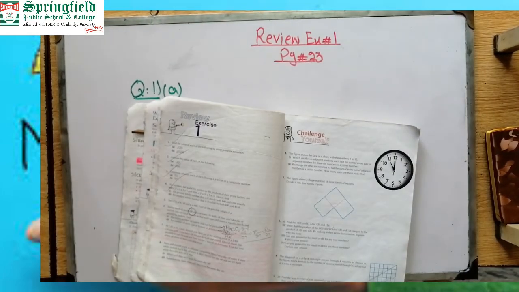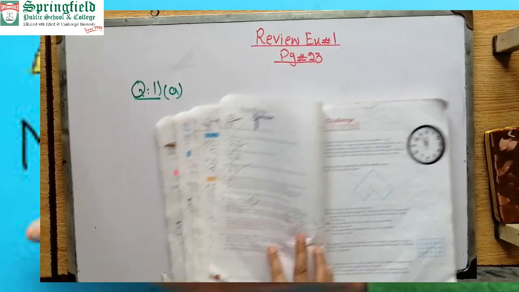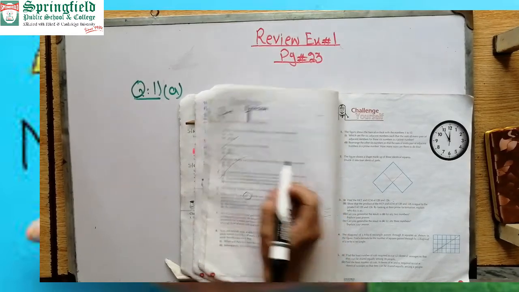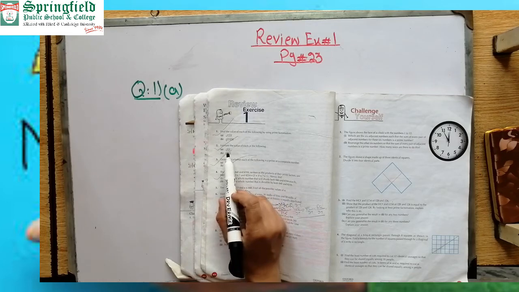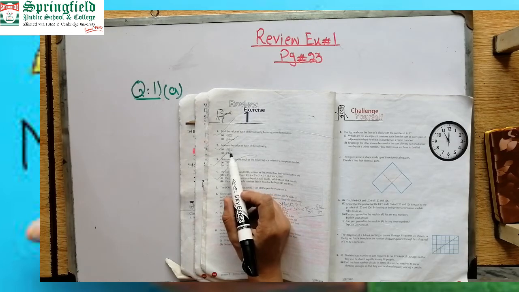Now come to question number 2. Question number 2, estimate the value of each of the following. Estimate means guess. We know that the square root and the cube root of these values are not possible, so we will estimate a number.